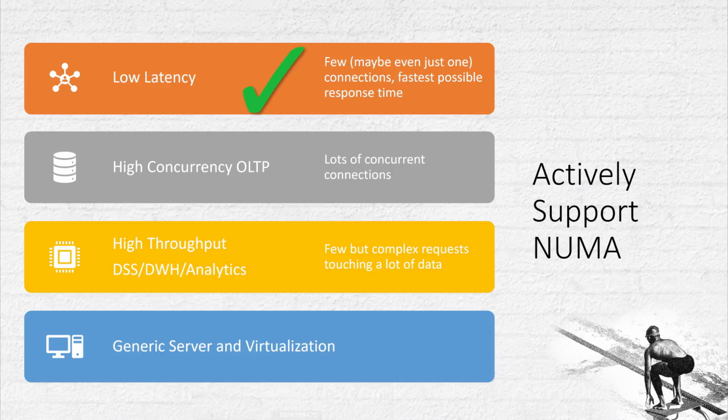But even with soft NUMA nodes, if I have multiple cores, I might still find a way to make it a little bit faster if I affinitize. If I have, for example, two different processes using the same machine, I would assign one to this soft NUMA node, the other one to the other, so they work in their area as best as possible. Again, low latency, you want the fastest possible, you have to put in the work.